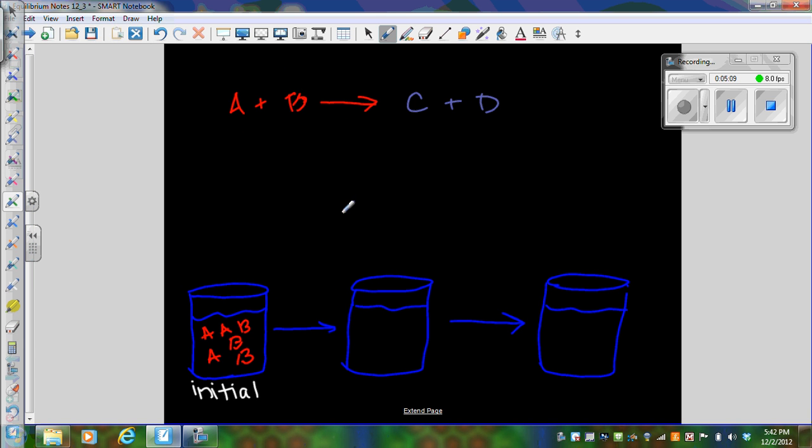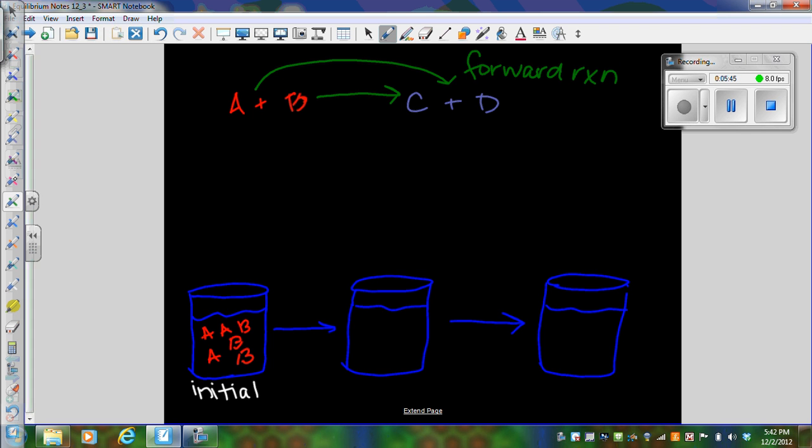Okay, so now what I want to do is look at a reaction where I've got A and B as reactants and C and D as products. And I want to talk about some language that we use when you're talking about the reaction going in the direction that we normally think of, so from left to right. We call that the forward reaction.